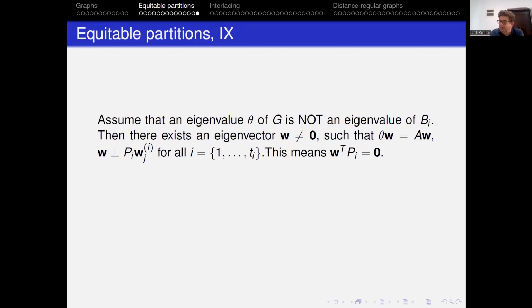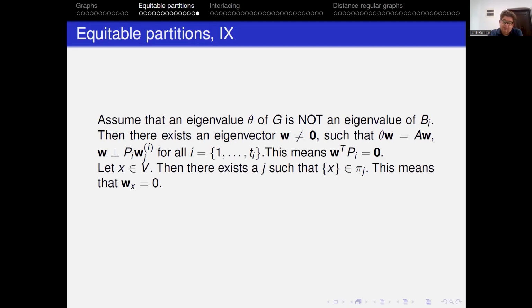This means that w must be orthogonal to P_i, the characteristic matrix of the partition pi_i, for every i.